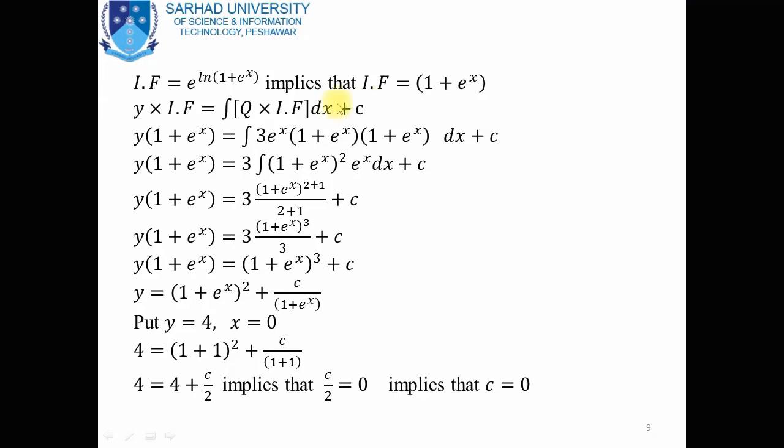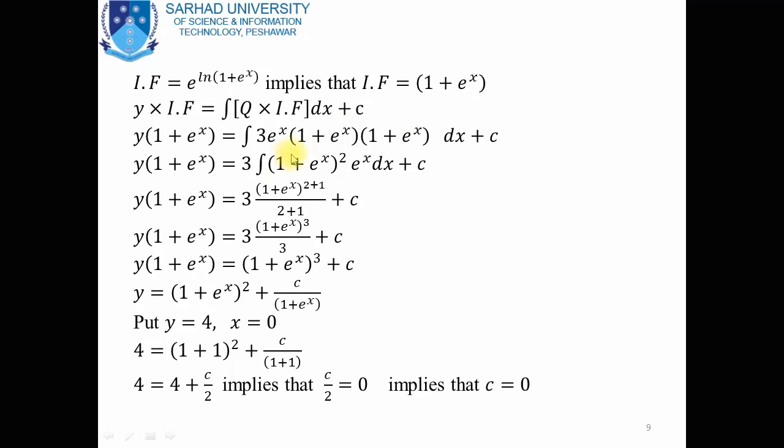Now to find the solution of the given differential equation, the dependent variable y multiplied by the integrating factor is equal to the integral of the product of the Q function and the integrating factor with respect to x, plus c. So putting the integrating factor in the left hand side, and now in the right hand side, this is the Q function 3e^x(1 + e^x) times the integrating factor.